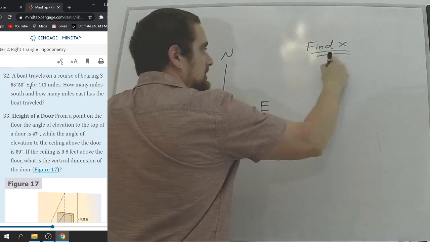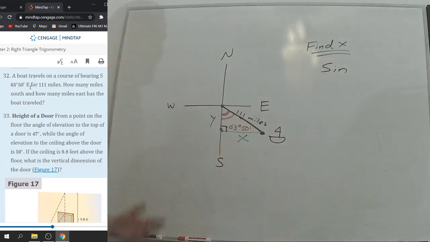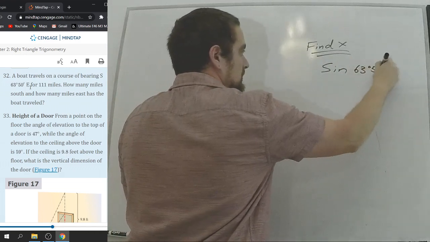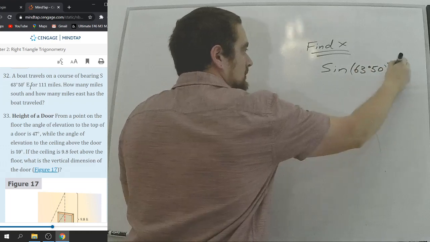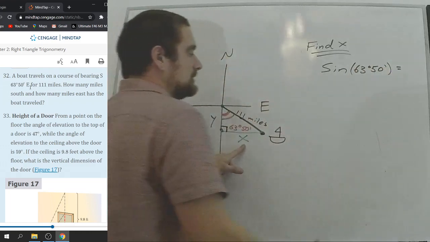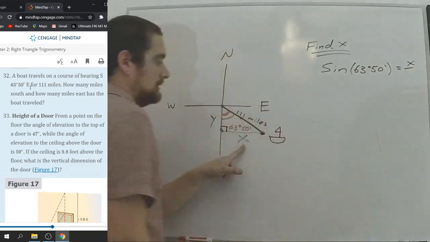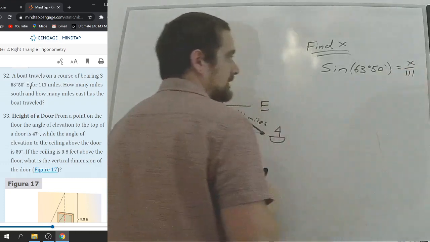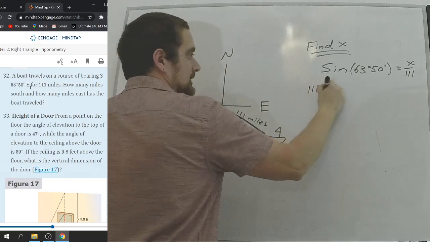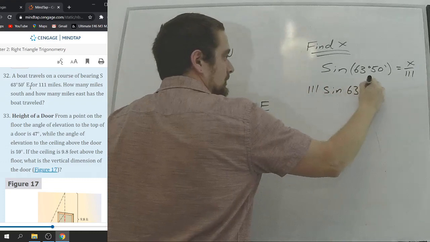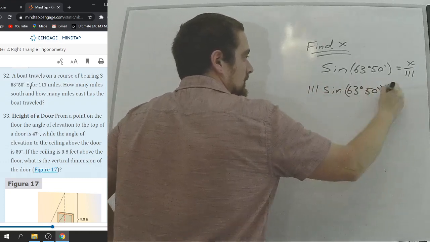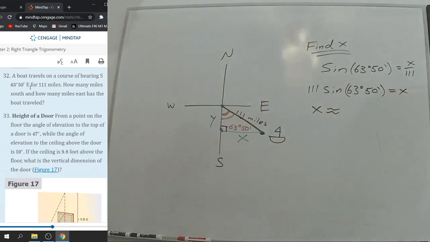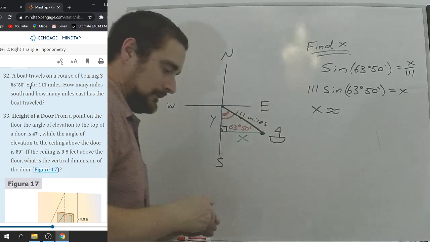So since I have the opposite and the hypotenuse, you guessed it, we're going to go for sine of 63 degrees and 50 minutes, which equals the opposite, X, over the hypotenuse, which is 111. That was the longest side. So 111 times sine of 63 degrees and 50 minutes is equal to X. And we'll go ahead and see what X is.